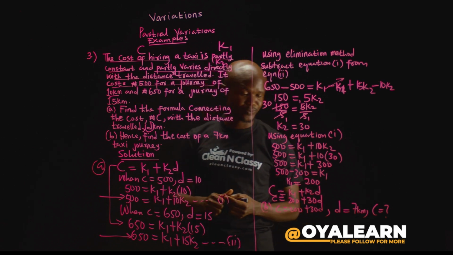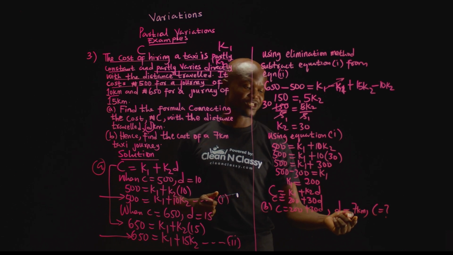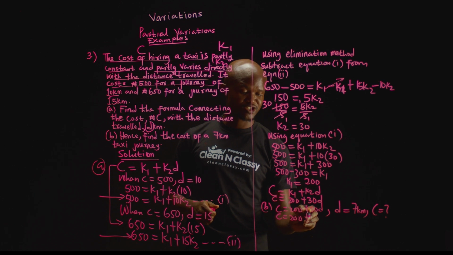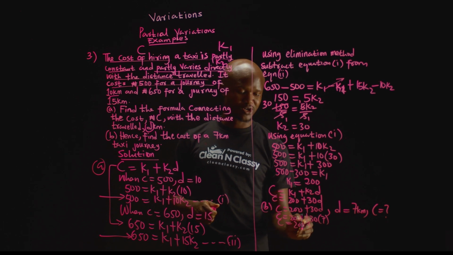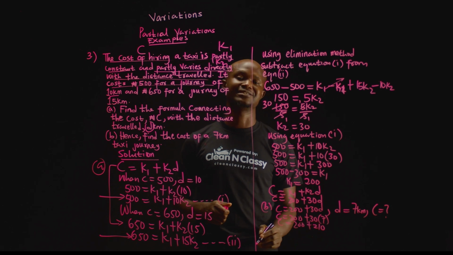So wherever we see D, we put the value of D, which is 7. So C equals 200 plus 30 times 7. C equals 200 plus what? 30 times 7 is 210.